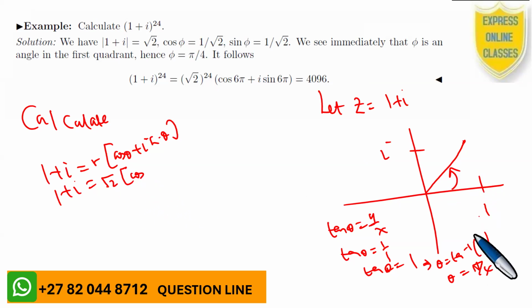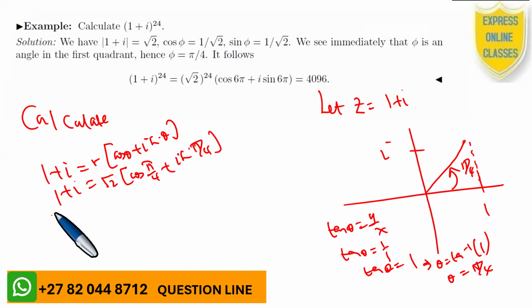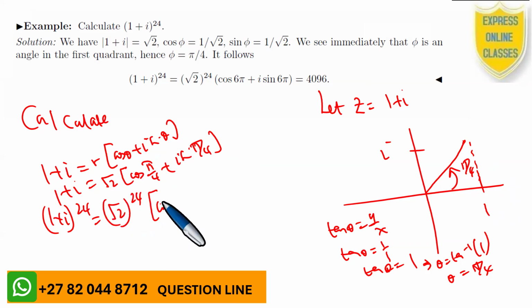The angle is pi over 4 radians, and then you can form a triangle like this. So 1 plus I to 24 is the square root of 2 to 24, times cosine of pi over 4 plus I sine of pi over 4.